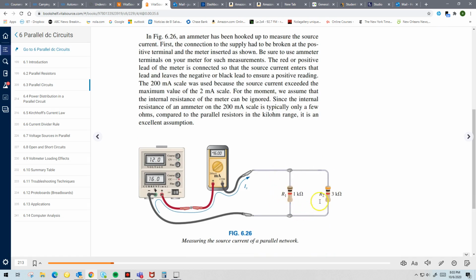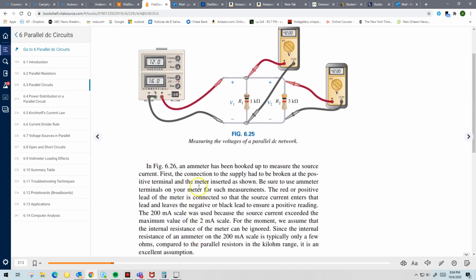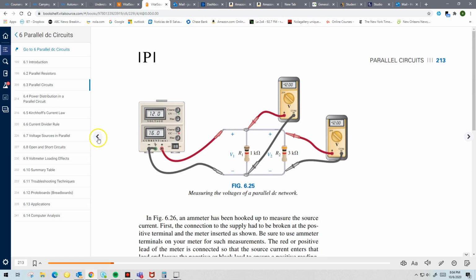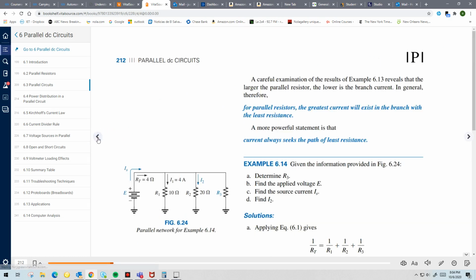Same thing here. If you want to measure current, you will put the meter, remember, in series now, right? Make sure you understand this. You place the meter in series with the source. You're inserting the meter. For example, if you look at this problem here, think of what you have in that picture.